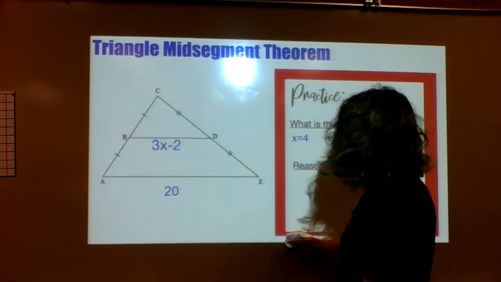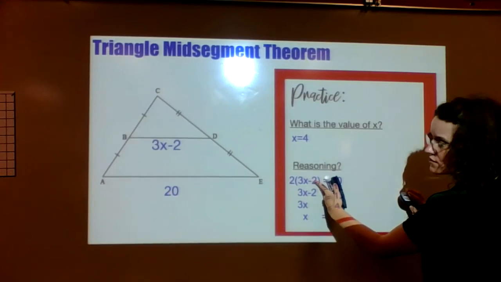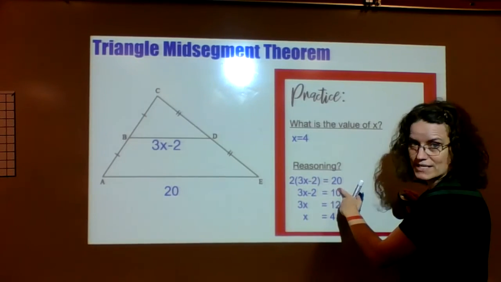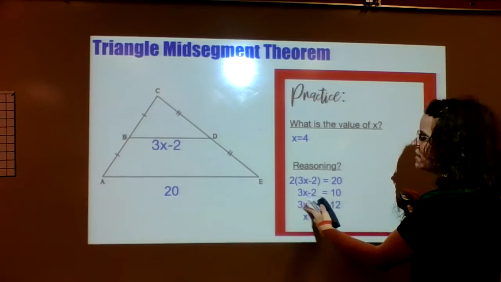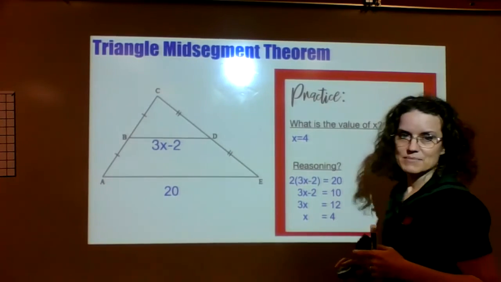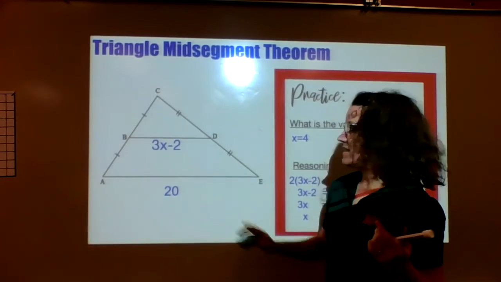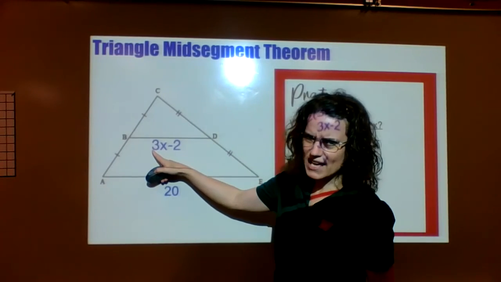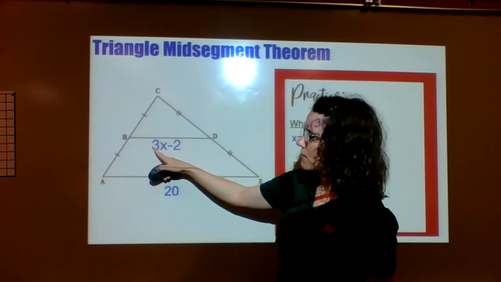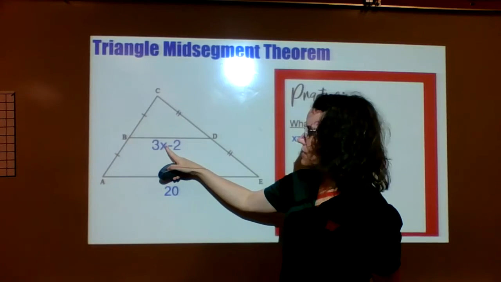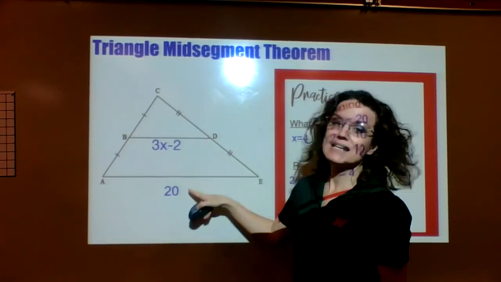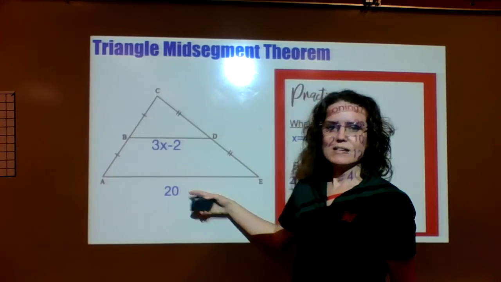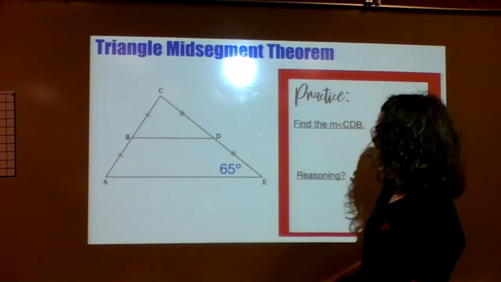If I do that, 2 of those 3x minus 2's adding up to 20, I divide both sides by 2, add 2 to both sides, and x comes out to be 4. Then if I put the 4 there, just to check that everything really works, 4 times 3 is 12. 12 minus 2 is 10. Oh, 10 is indeed half of 20. So the number I found works.